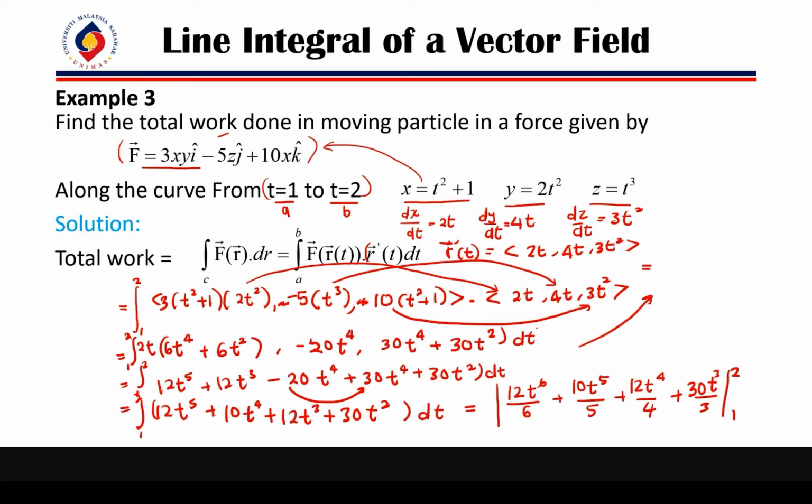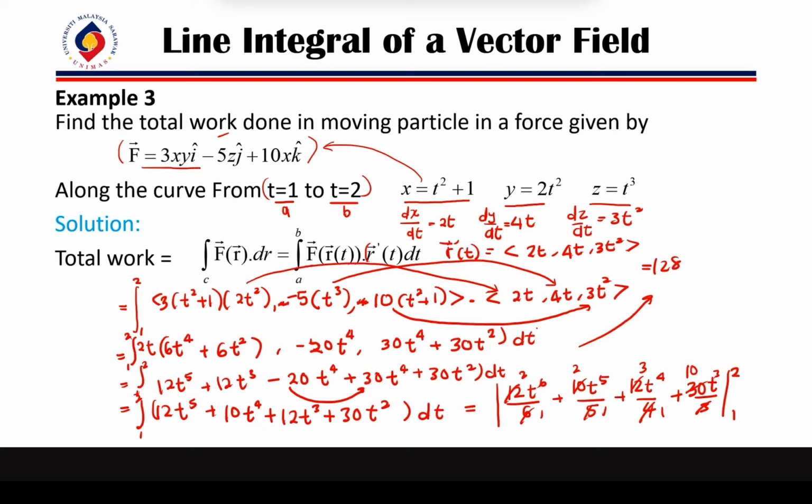We simplify this first. 2 to the power of 6 times 2 is 128. Then 2 to the power of 5 times 2 is equal to 64.